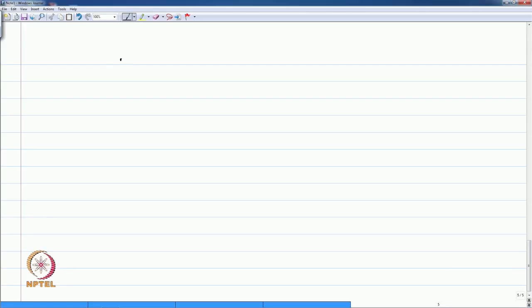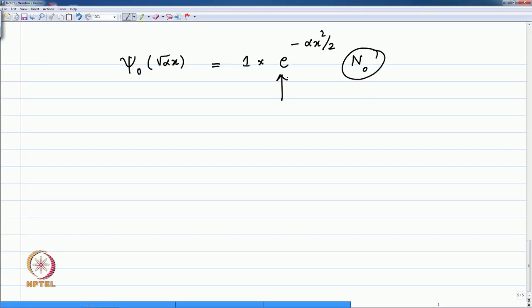Okay. Psi 0 of root alpha x is 1 times exponential minus alpha x square by 2 times the normalization constant N0. Let us not worry about that. We will only concern ourselves with this, and when you plot it as a function of x, negative x, this is minus x, and this is positive x.